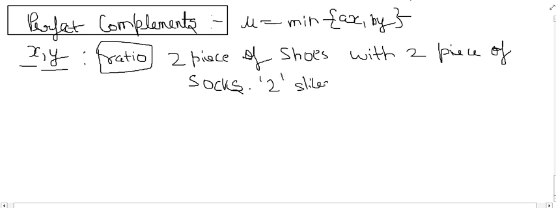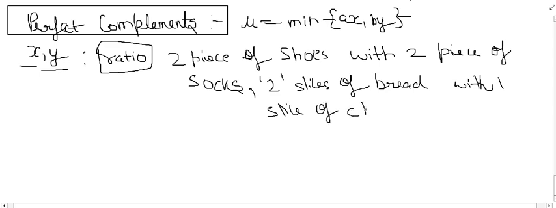Or two slices of bread with one slice of cheese. Alright, so these are some examples. Or it might be the case that you always need four pieces of biscuits with a cup of coffee.